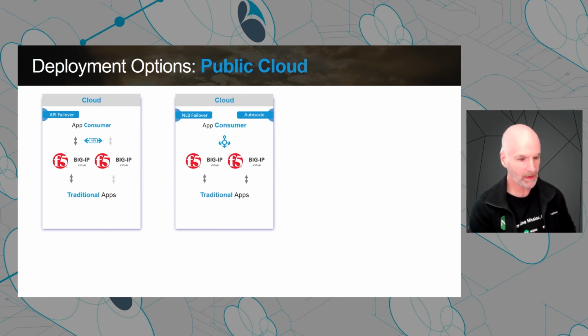It can be active-standby, it can be active, and in fact, it could be autoscale. In the case of autoscale, we use Azure storage or AWS S3 buckets for sharing the state and the configuration between those devices, so that we can automatically configure them when they scale up, and then obviously remove them when they scale down.